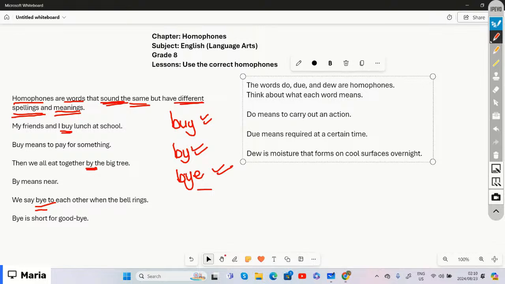And if we look at another example of homophones, where words sound the same way but the meanings as well as the spellings are different, then we have the words do, and due, right? And they are homophones.